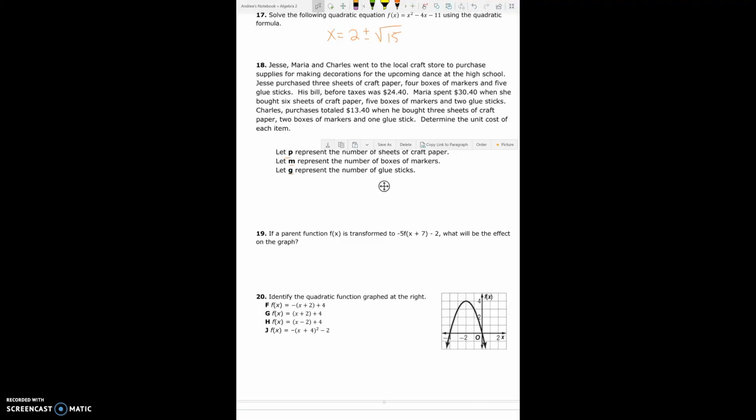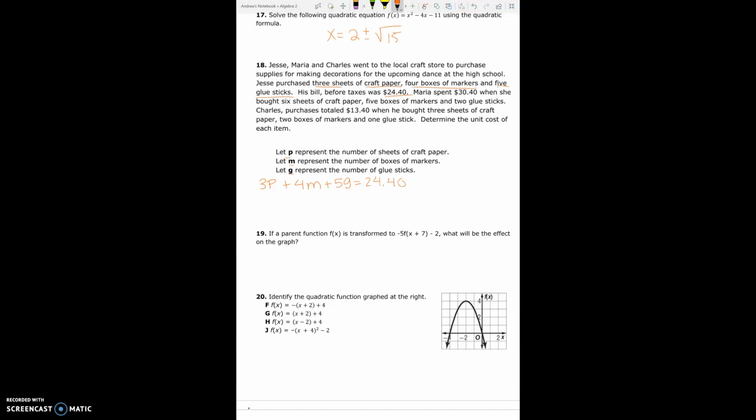So Jesse purchased 3 sheets of craft paper, so 3P. He also purchased 4 boxes of markers, so 4M. And 5 glue sticks. And that totaled $24.40.